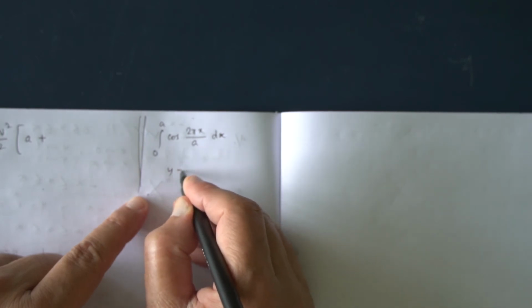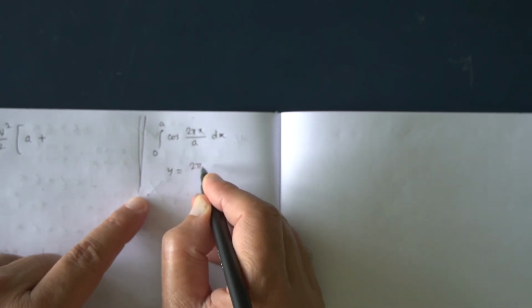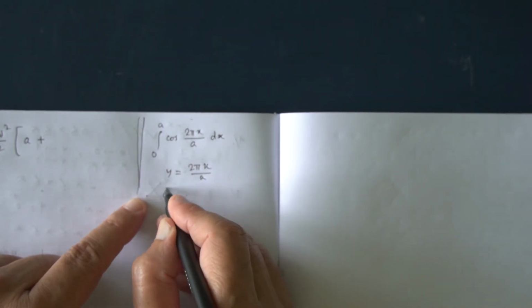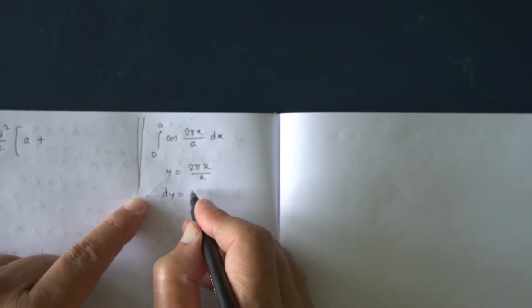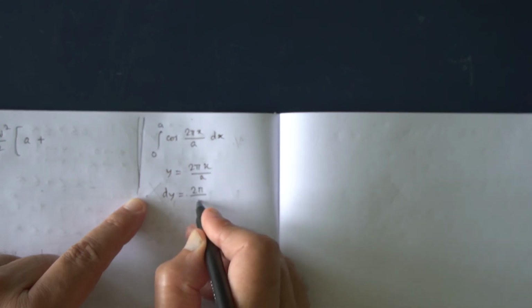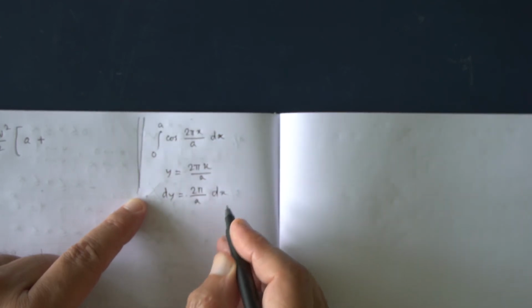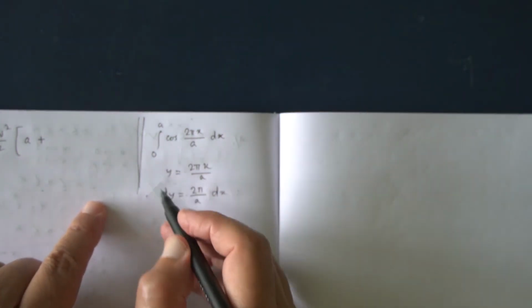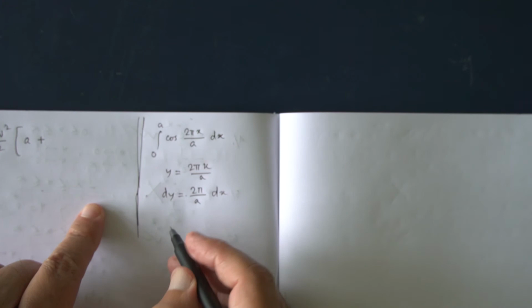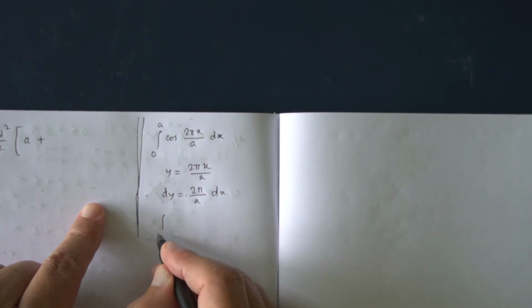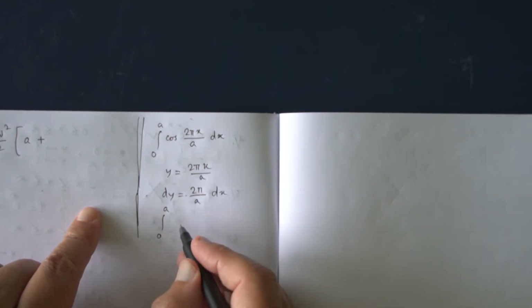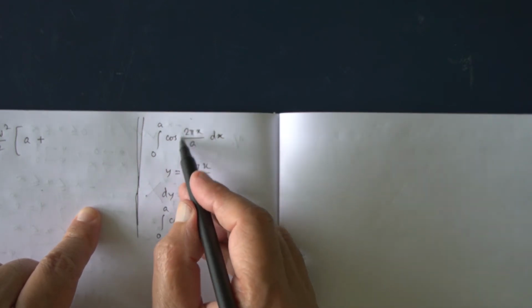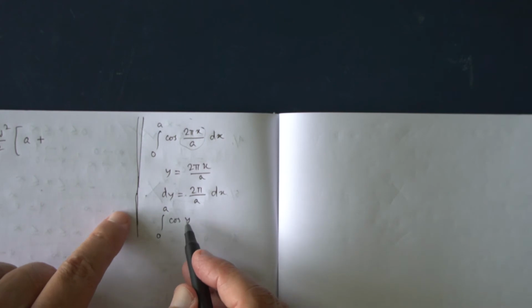Suppose y equal to 2 pi x by a. So dy will be equal to 2 pi by a dx. The limit of x is 0 to a.